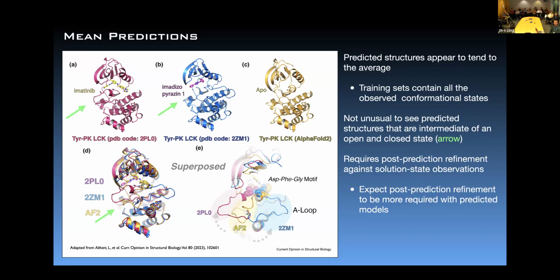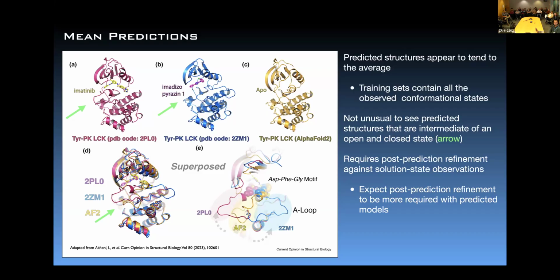So if you have a conformation where a loop might be in an open state, and in the other version in the training it is in a closed state, the prediction puts it in the middle. So here are the two states that it was trained on, and so you get something in the middle.